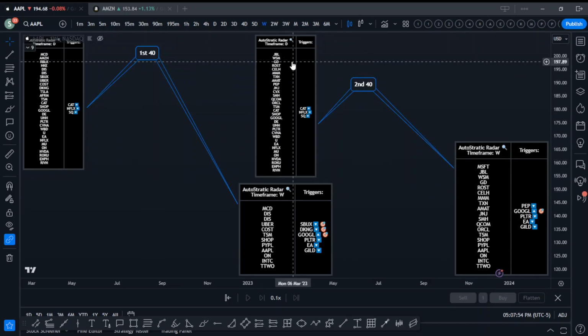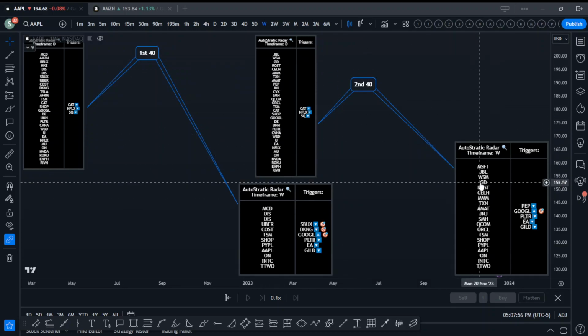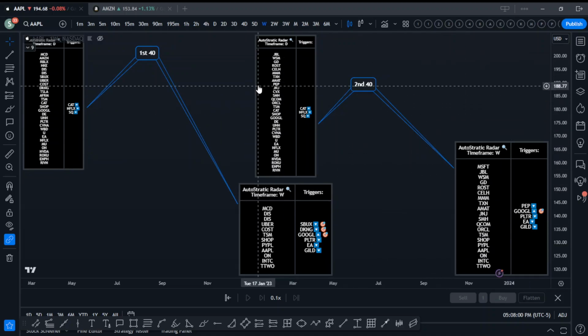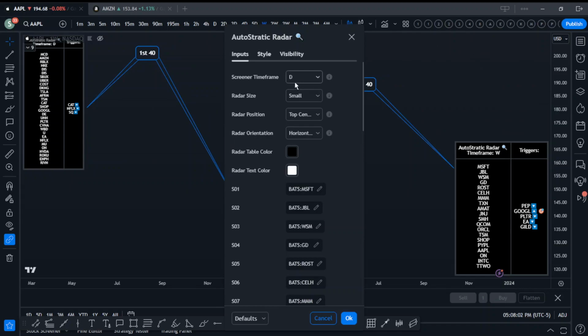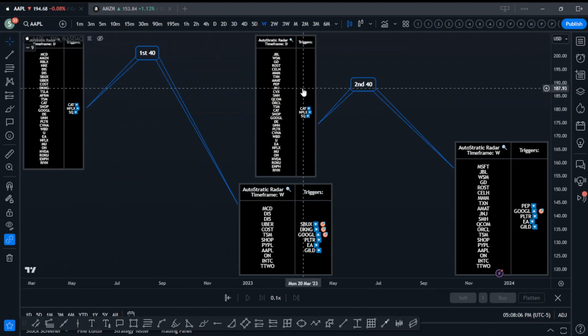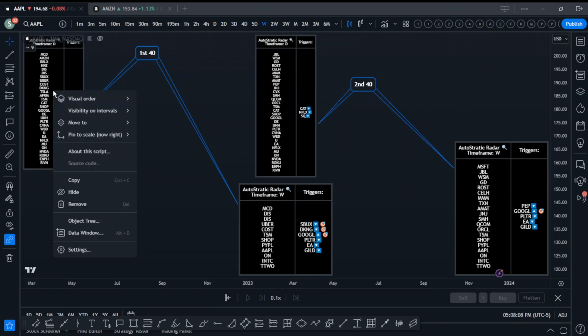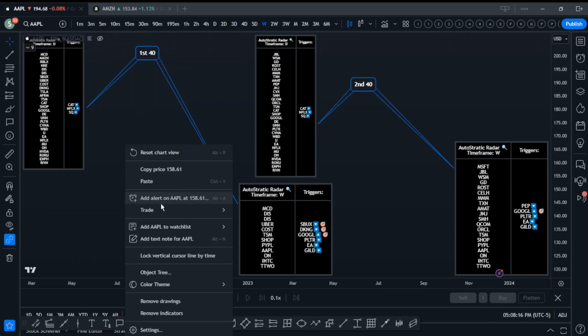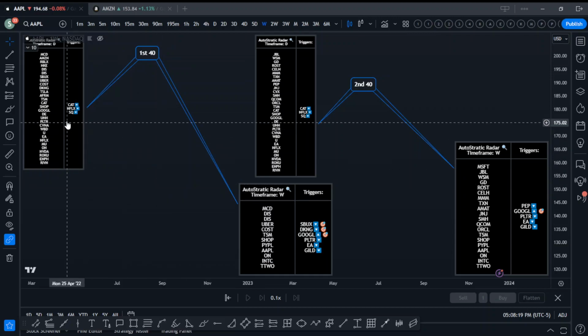This weekly is just a copy of this one, where I went into the settings and changed the time frame. Once you have your stuff set up on the day, you can just copy them, and I can demonstrate it now. You copy, you paste it, and it's pasted right on top.